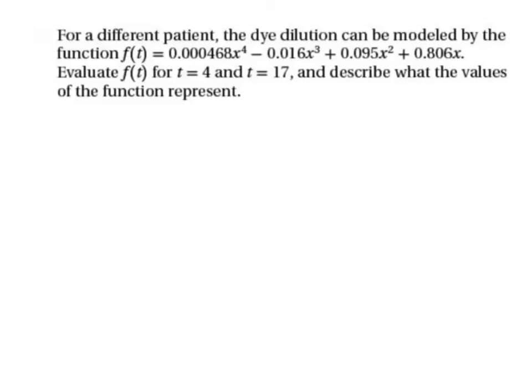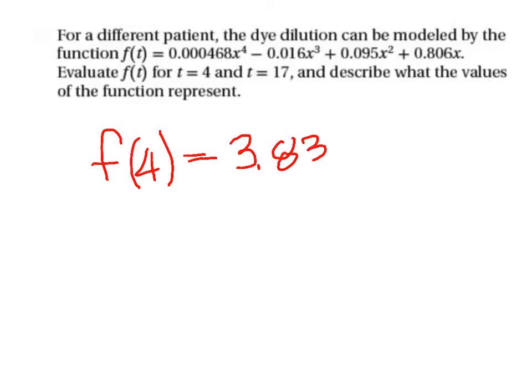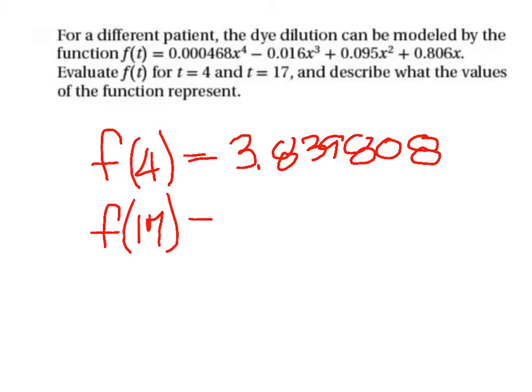When you do f of 4, you should come back with 3.839808. If you put in f of 17, you'll come back with 1.636828.